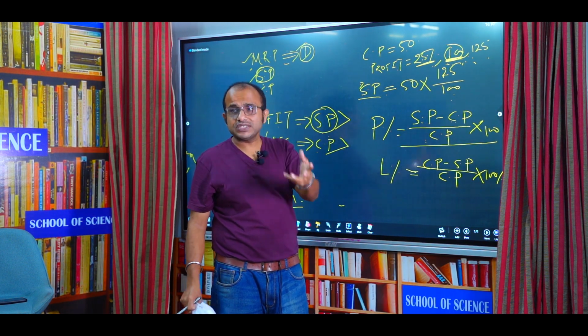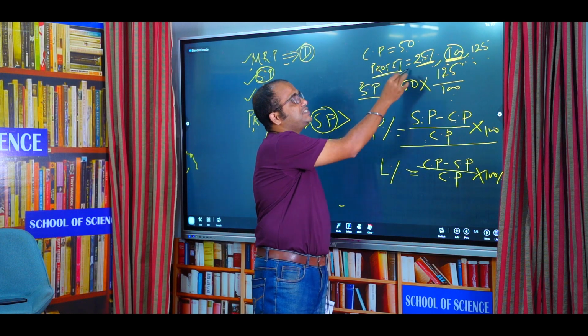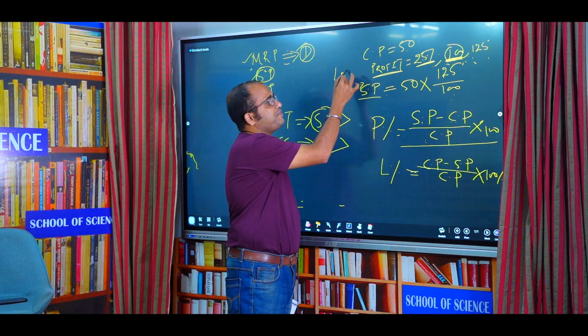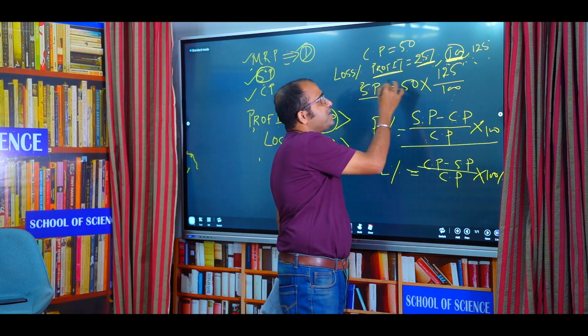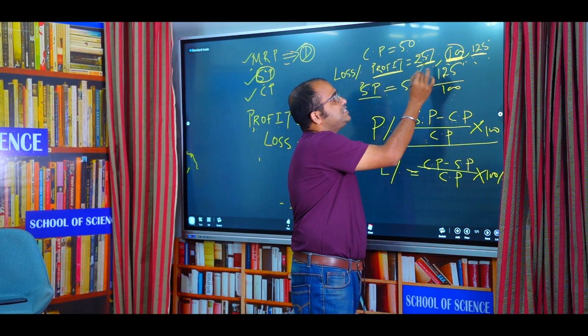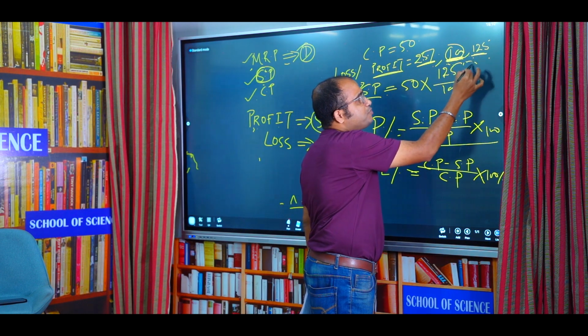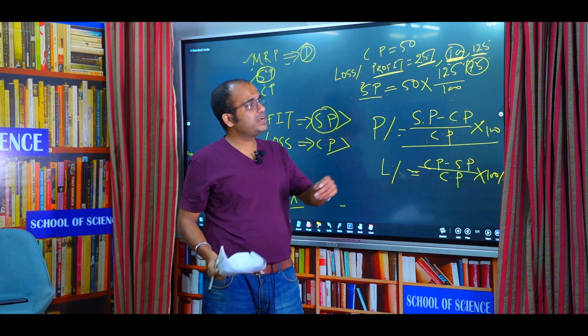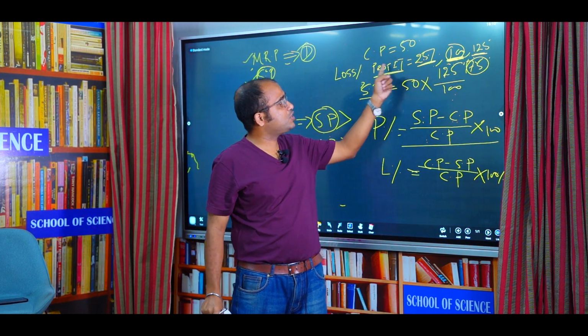But suppose there is a loss in the same problem. Here the profit is 25%; if they give a loss of 25%, then what is the difference? Here 100 and 125 are right. In that case, if there is a loss, one term is 100 and the other term should be 75. Understood? If one term is 100, the other is 75, because loss means minus.